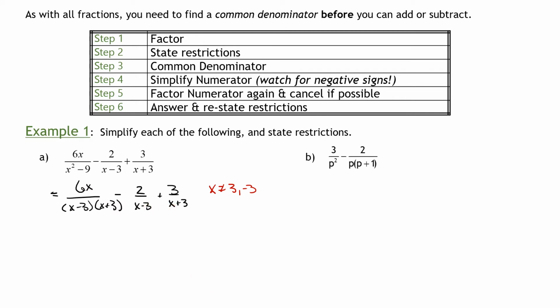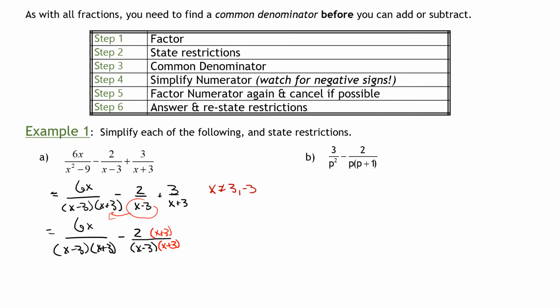So my first term is still 6x over x minus 3, x plus 3, but now I take my second one, I'm going to make my line a little bigger here. I'm going to put my x minus 3 in brackets because it's a binomial and it helps to do that. What is this denominator missing that this denominator has? It's missing an x plus 3. So I multiply top and bottom by x plus 3.